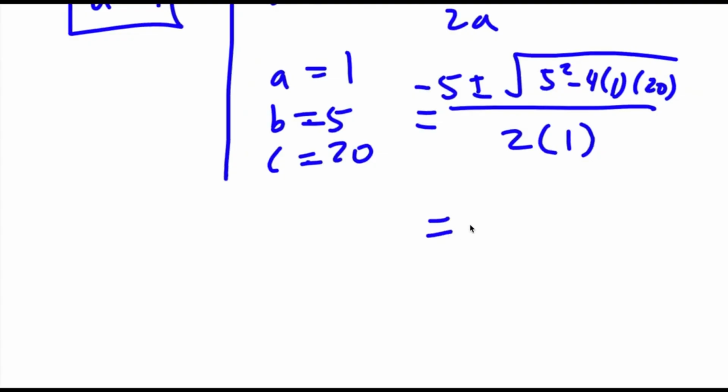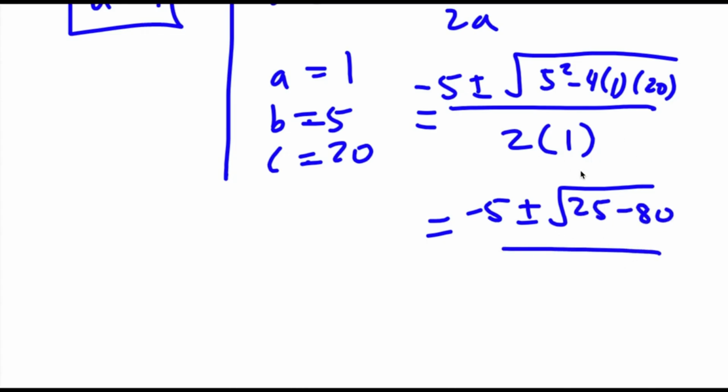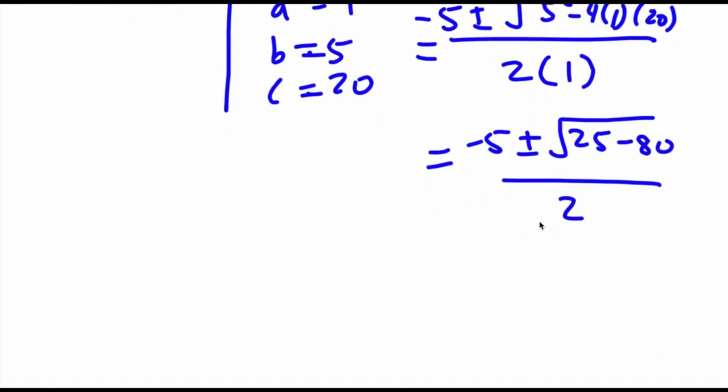Now this is equal to negative 5 plus or minus the square root of 25 minus 80, all over 2 times 1 is 2. Now this is equal to negative 5 plus or minus the square root of negative 55 over 2.